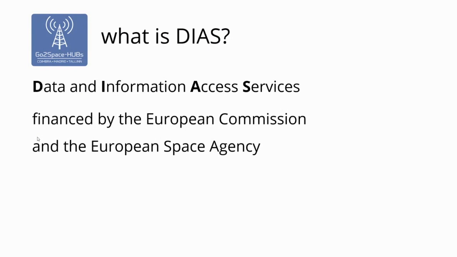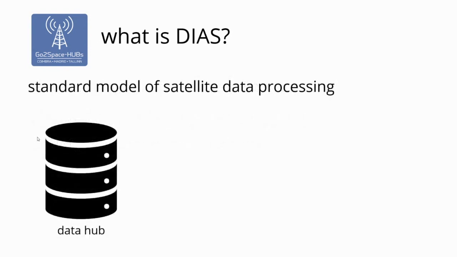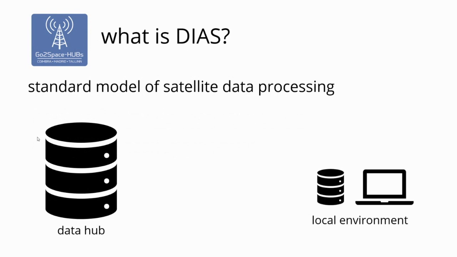In the whole project there are 5 DIASs. The whole project is financed by the European Commission and the European Space Agency, and it changes the model, the way we use satellite data. Because the traditional way to use it is that we have a data hub, we have a local environment, like a local computer, and we download the data and process it locally.